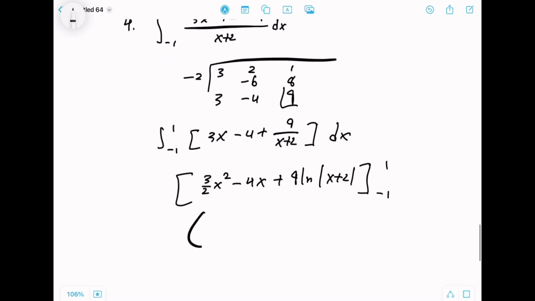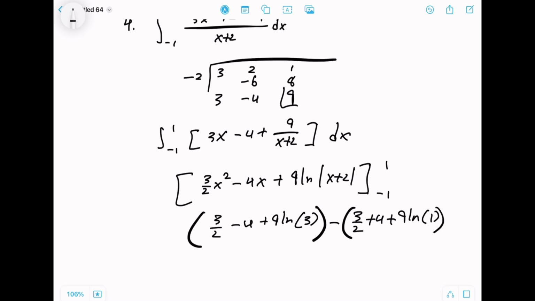So that's going to be 3/2 minus 4 plus 9 ln of 3, minus 3/2 plus 4 plus 9 ln of 1.